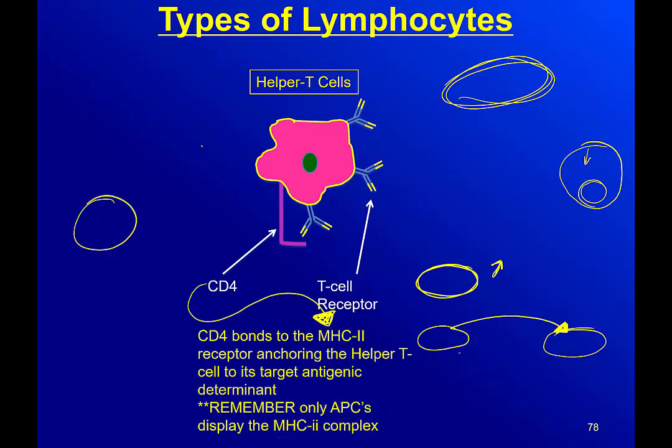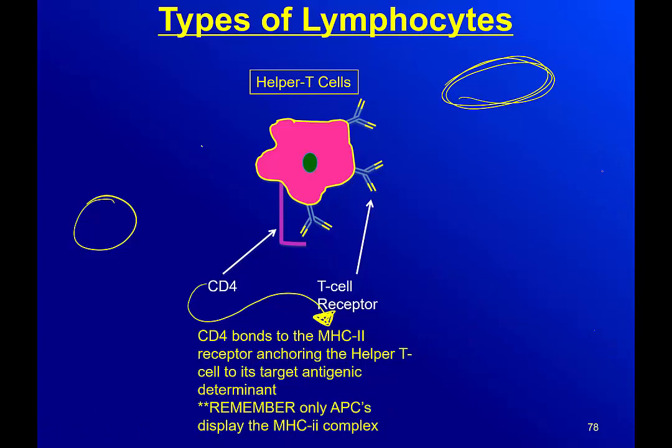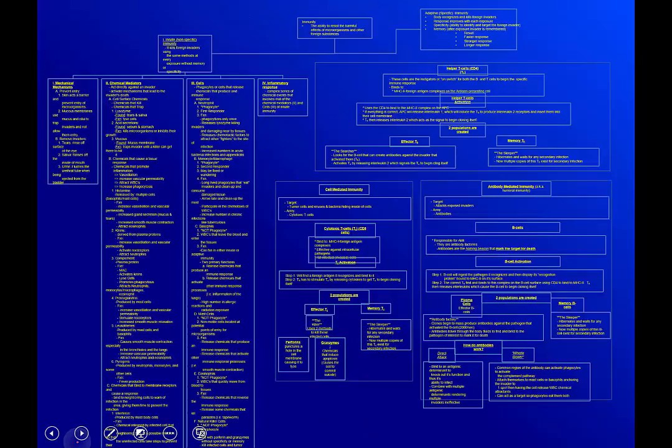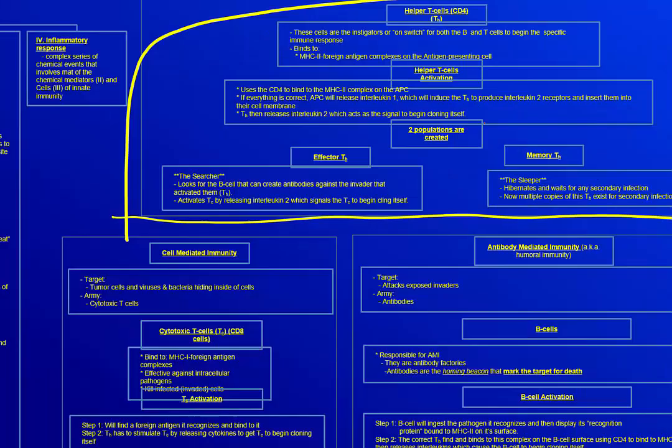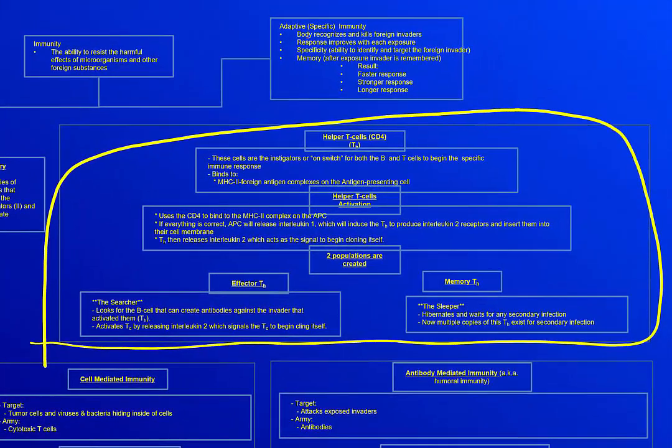Okay, so in this particular lecture, we are going to talk about the helper T cell. We're going to focus on the helper T cell because, like I said, everything else hinges on the fact that the helper T cell gets things started. What I'm talking about is right here. We're about to talk about the adaptive immune response and how the helper T cell is a part of it.